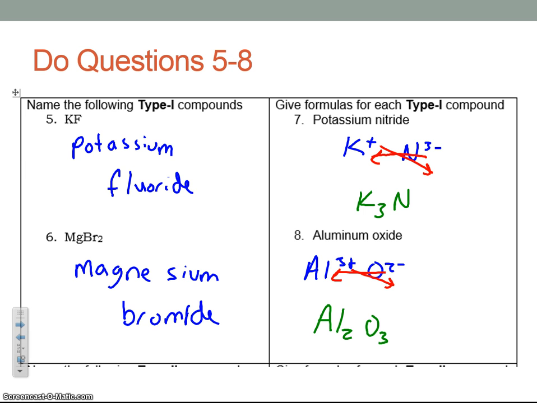These should have been fairly straightforward because these were just type 1 compounds. Type 1 compounds, you don't have to do anything special. That's just what we've been doing.